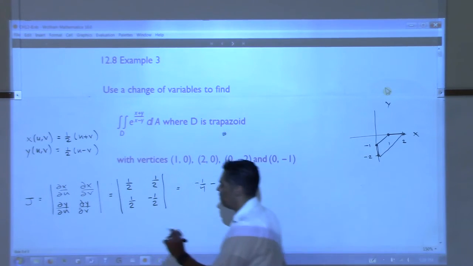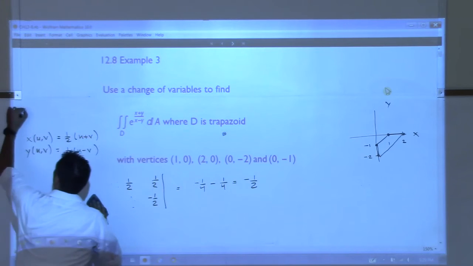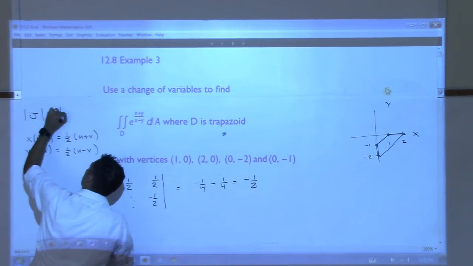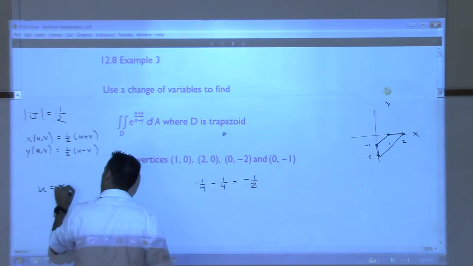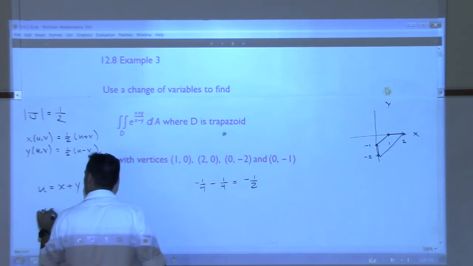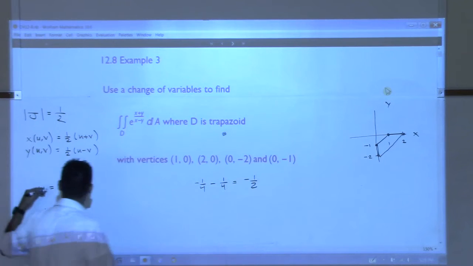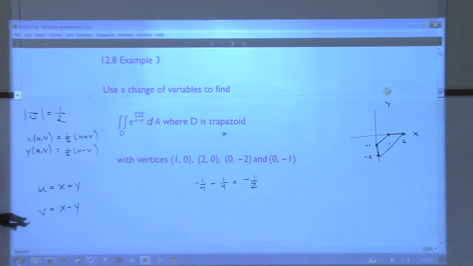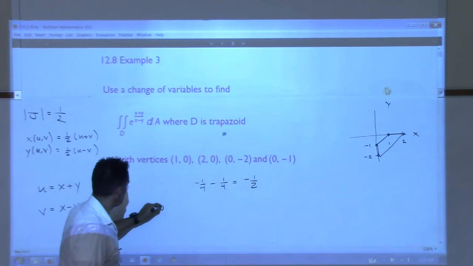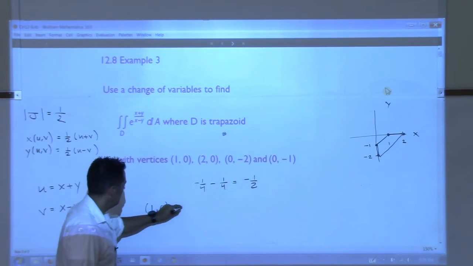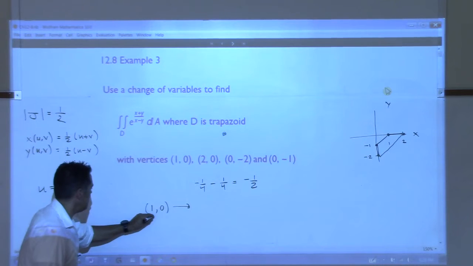So my original substitutions were u equals x plus y, and v was x minus y, right? Those are my substitutions. So check this out. If we use the point 1, 0, this is x, this is y, right?